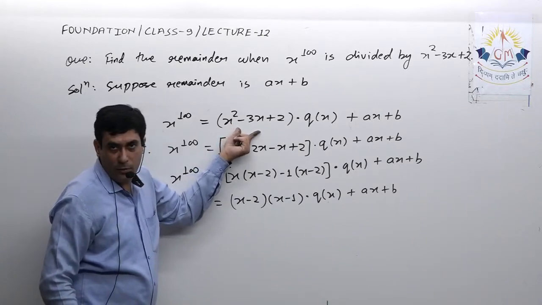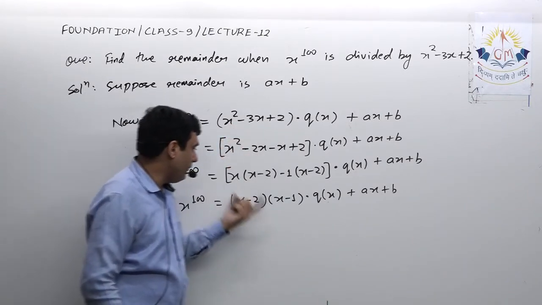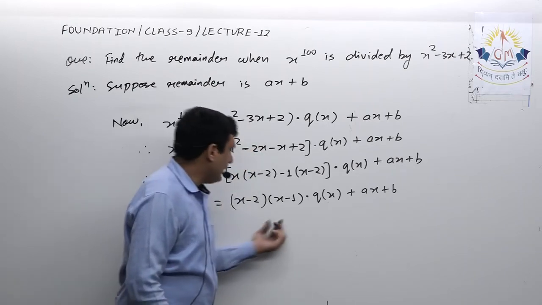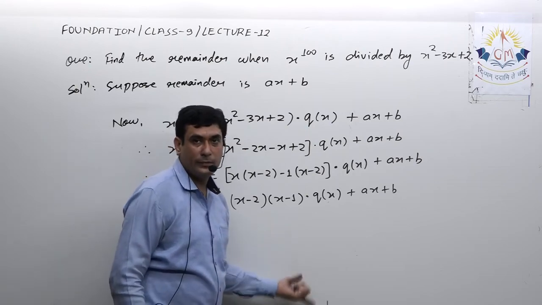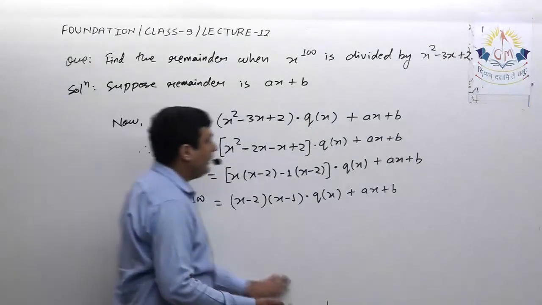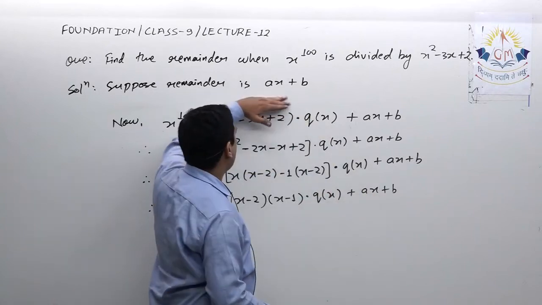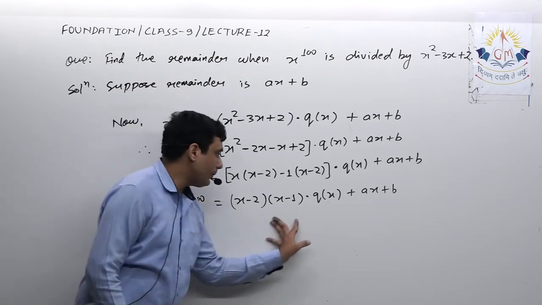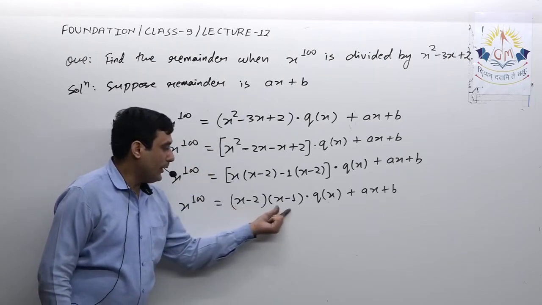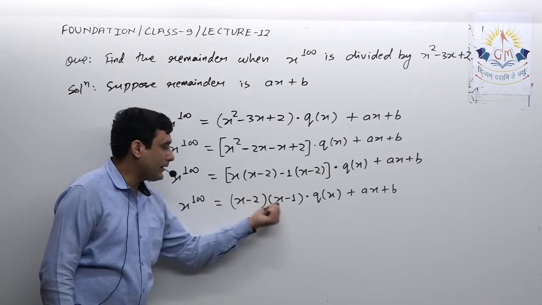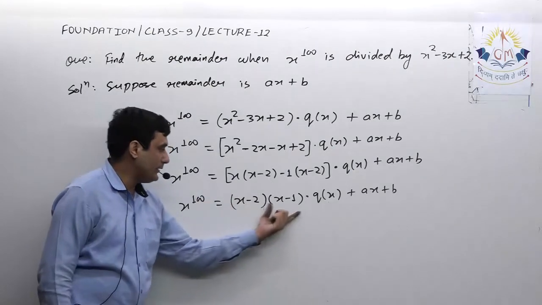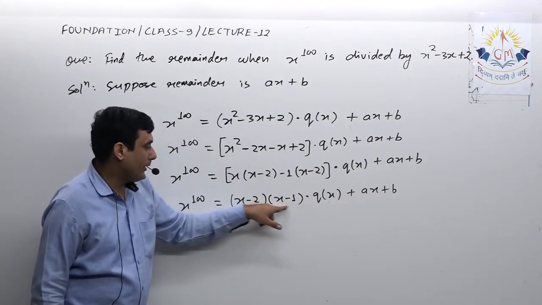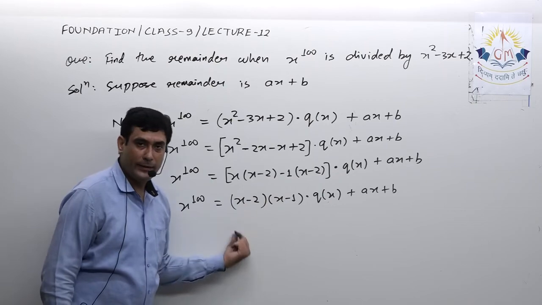Definitely the divisor polynomial will be factorized. Is it possible to factorize the divisor polynomial? Now these two factors will help us to get the values of a and b. Once I get the values of a and b, I get the required remainder. Now if you observe this properly, x minus 2 and x minus 1, that means if I put x equal to 1 in this complete equation, this first part becomes 0, because 0 multiplied by anything is 0.